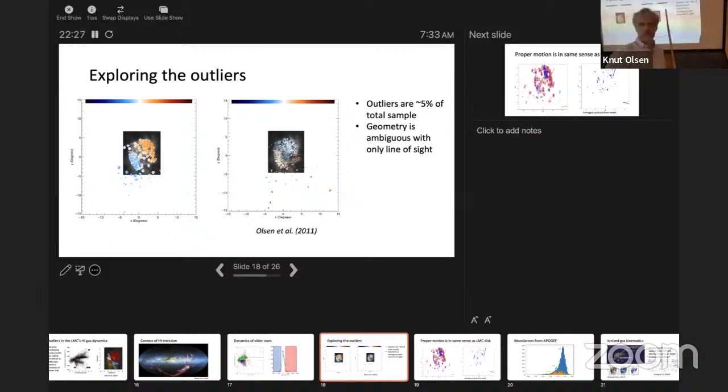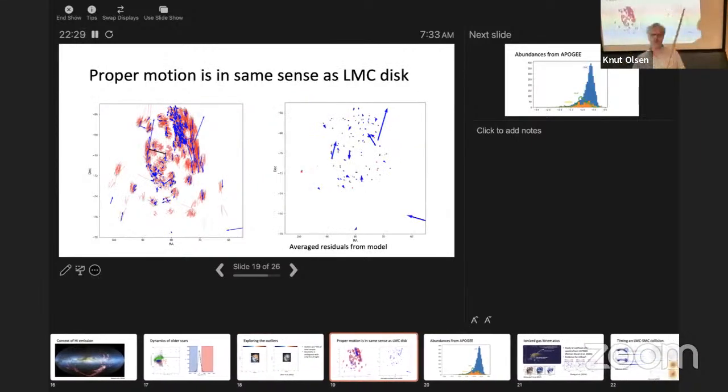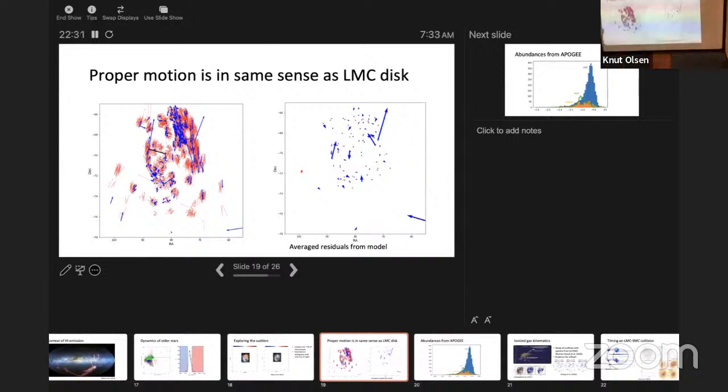You add the proper motions from Gaia, and we can look at the outliers again through the proper motions. So the blue vectors here are our outlier population. The red vectors are the normal population.